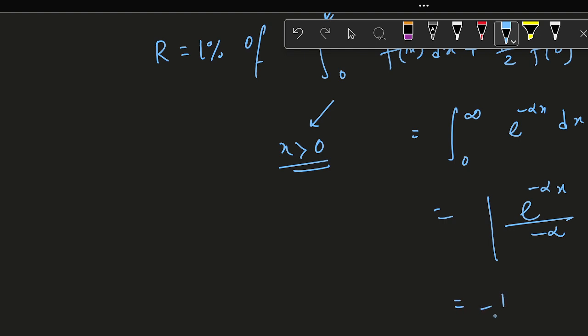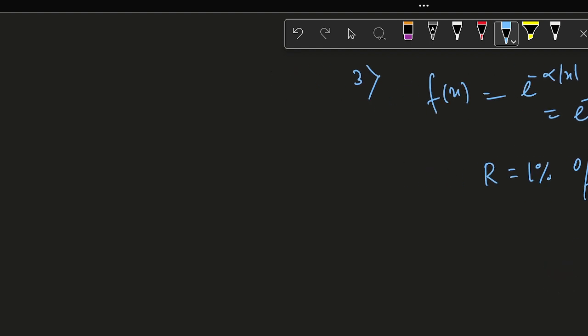So this is minus 1 by alpha times e to the power minus infinity minus e to the power 0, plus half. e to the power minus infinity is 0, so minus 1 plus half. So this is half plus 1 by alpha, right? So one part is done.